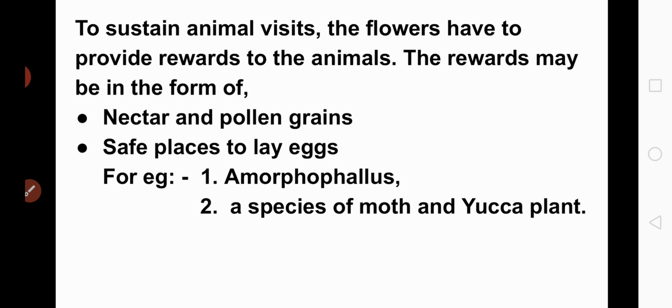Both the species here, the moth and the yucca plant, cannot complete their life cycles without each other. The moth deposits its eggs in the locule of the ovary, and the flower in turn gets pollinated by the moth. The larvae of the moth come out of the eggs and seeds start developing. So these are about the entomophily type of pollination.